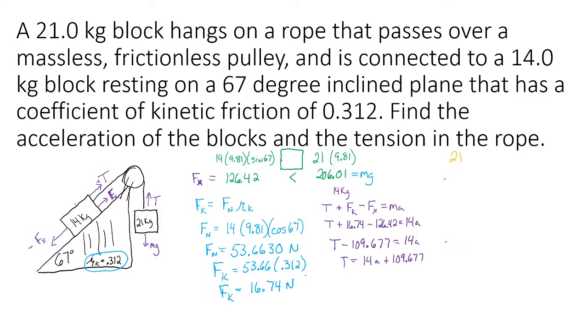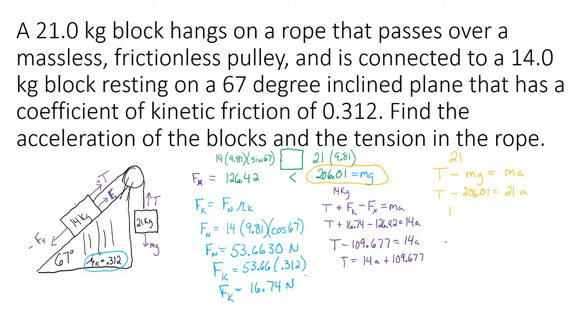The forces here are a little bit easier. We have positive tension minus mass times gravity equals mass times acceleration. Tension, we don't know. Mass times gravity, we already calculated right here to being 206.01 equals the mass of 21 times the acceleration of the block.